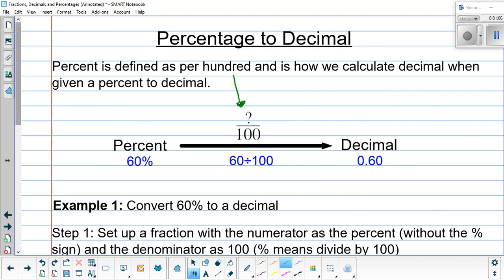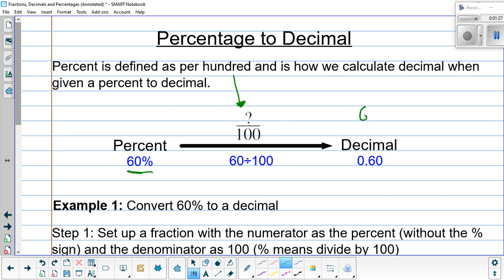So when we calculate percent to decimal, we take whatever the percentage is, so 60 here, and we just put it over 100. So we divide by 100. But we're going to divide by 100 in the sense that we're going to just move our decimal place, right?